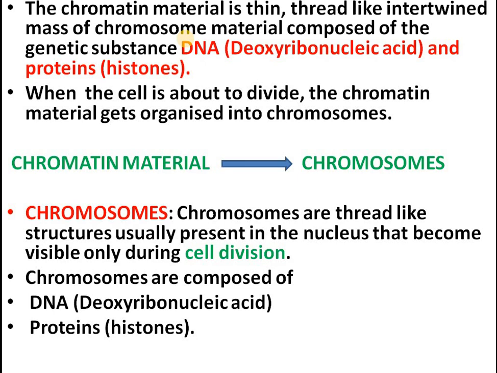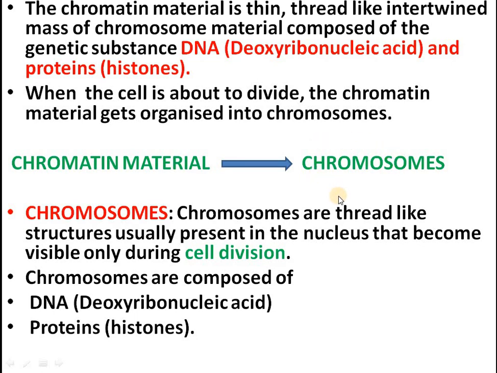When the cell is about to divide, that is, when there is division of the cell, the chromatin material will get organized into chromosomes. This chromatin material will condense to form the chromosome only during the division of the cell.